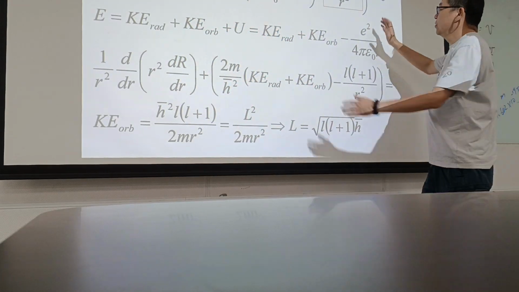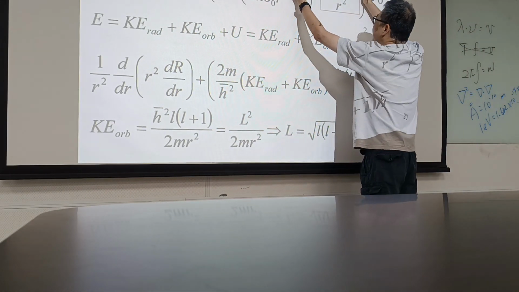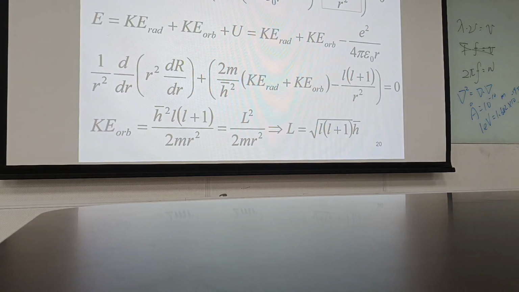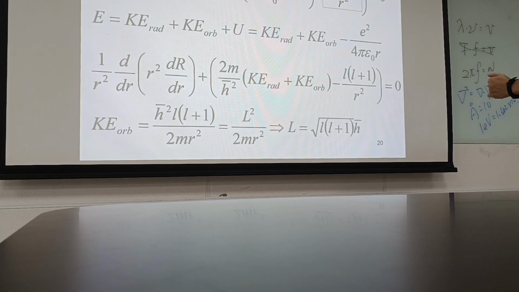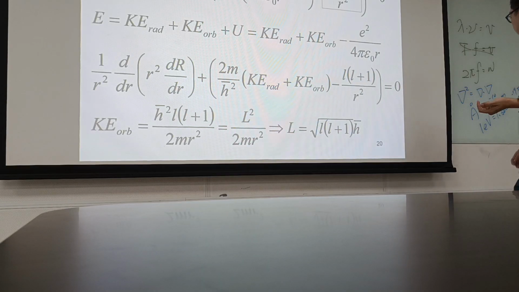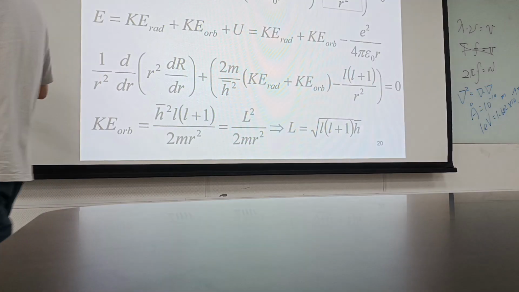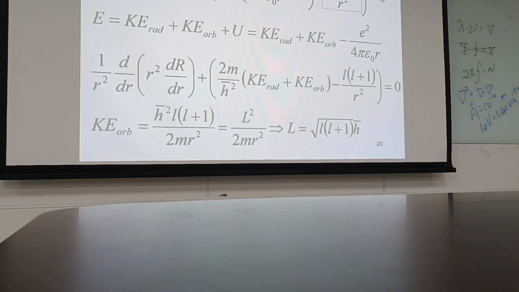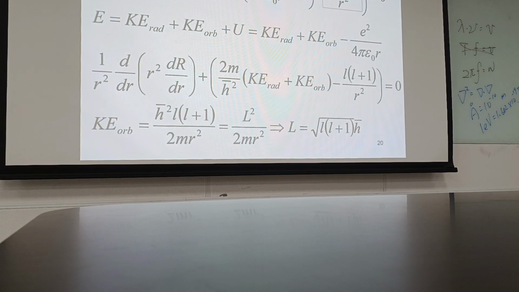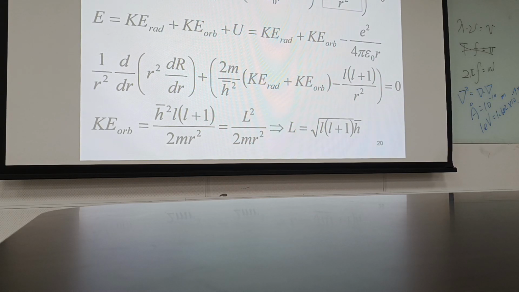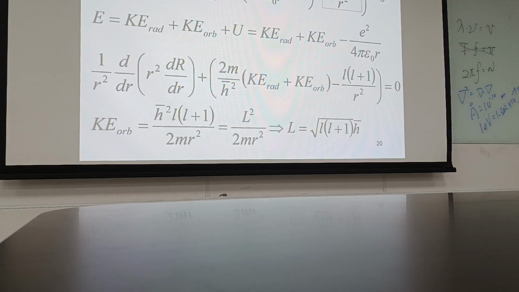Okay, so let's put this together. We can say all our energy we can separate into, so that if there is a particle, an electron here, I can separate the energy. I call this Ke radial. This is the Ke orbital.